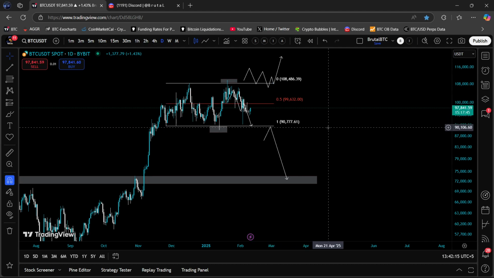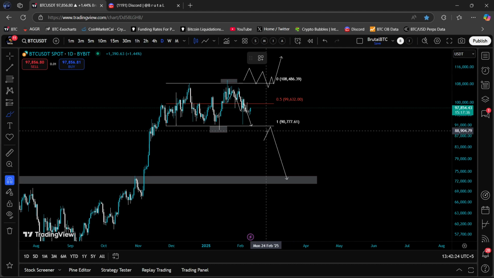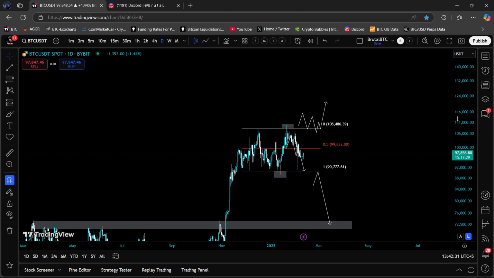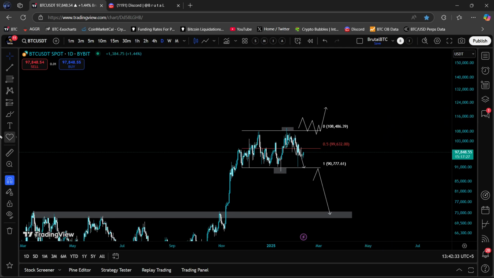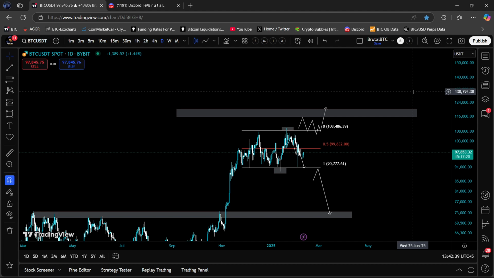So on the higher time frame, the possibility of going towards 72k for Bitcoin will be once this closes back below $89,000. Upside, looking at the ranges, any move around 115 to 120 is especially for shorting on the higher time frame with a wide stop loss and targeting around $70,000.